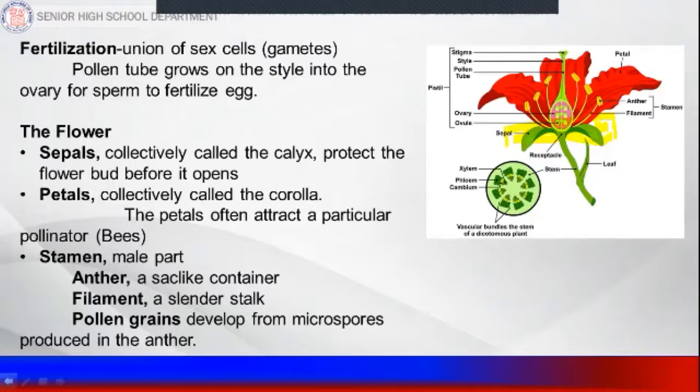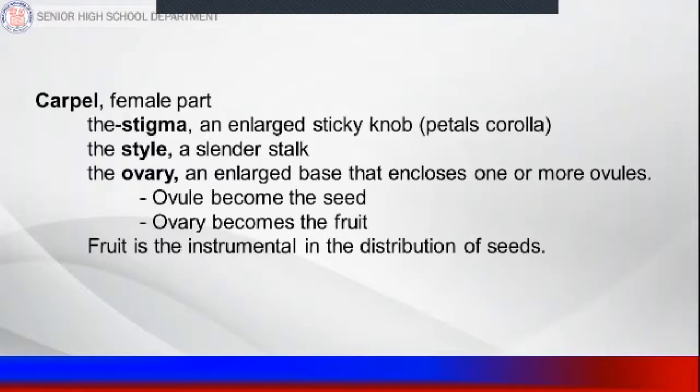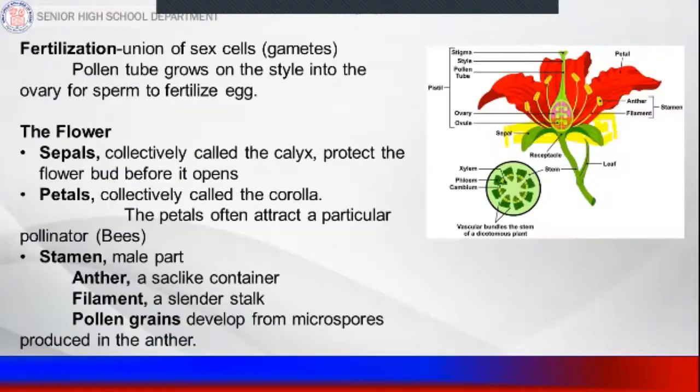So the male part containing the anther and the filament is what you call the stamen, and the anther part contains the pollen grains. Once the microspores are taken by the pollinators, the pollination process can happen.